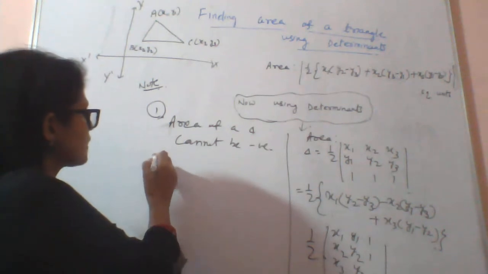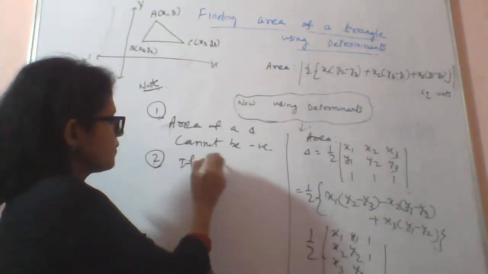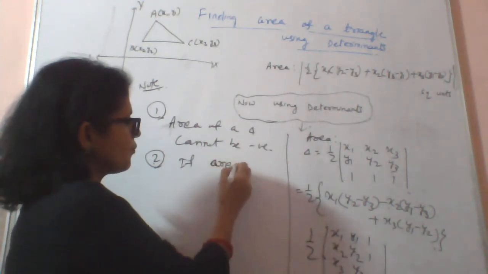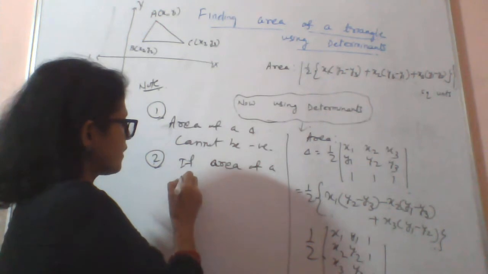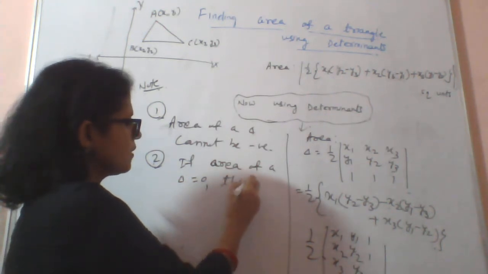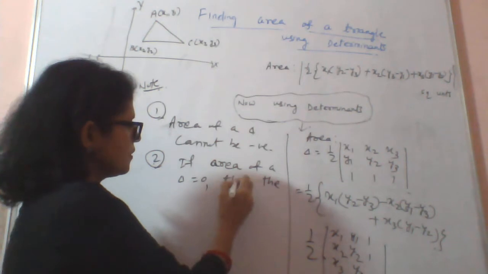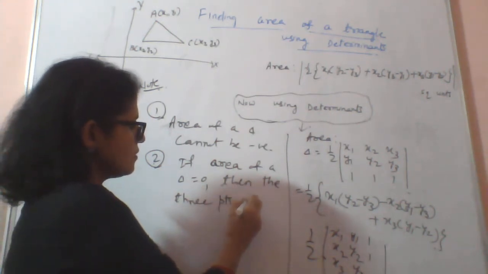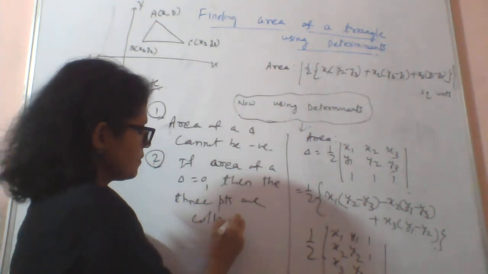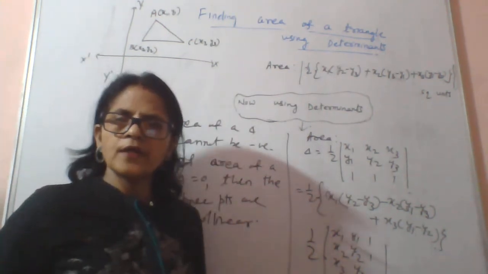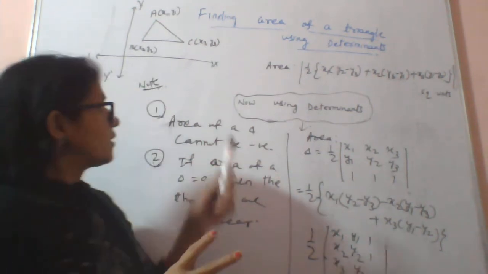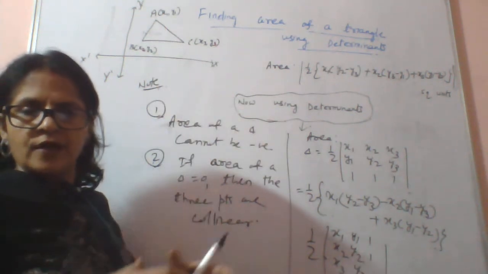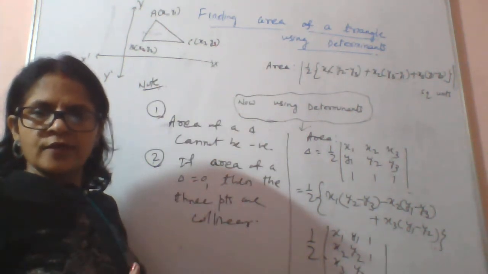Second, if the determinant is 0, it means the area of the triangle is 0, and then the 3 points are collinear. Whenever the area of the triangle is 0, the space enclosed by 3 lines is not there.